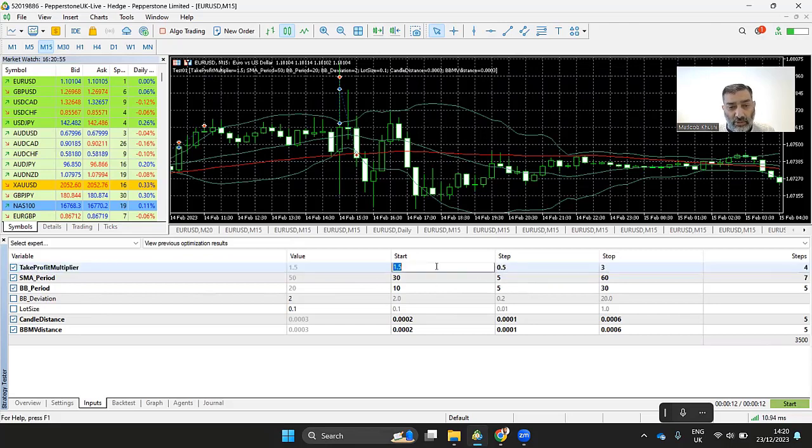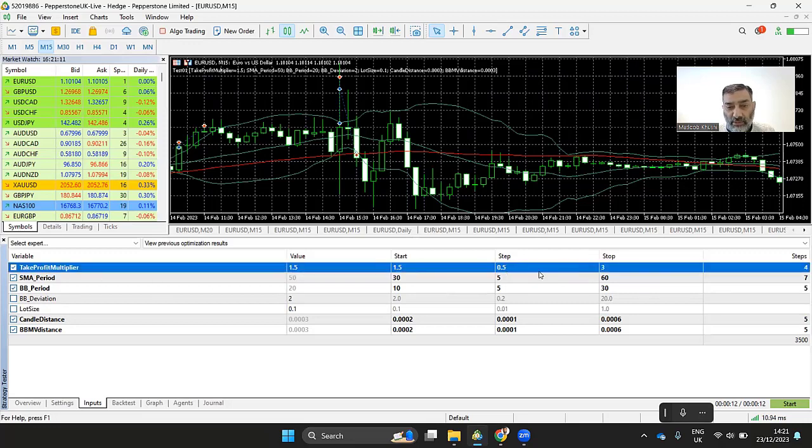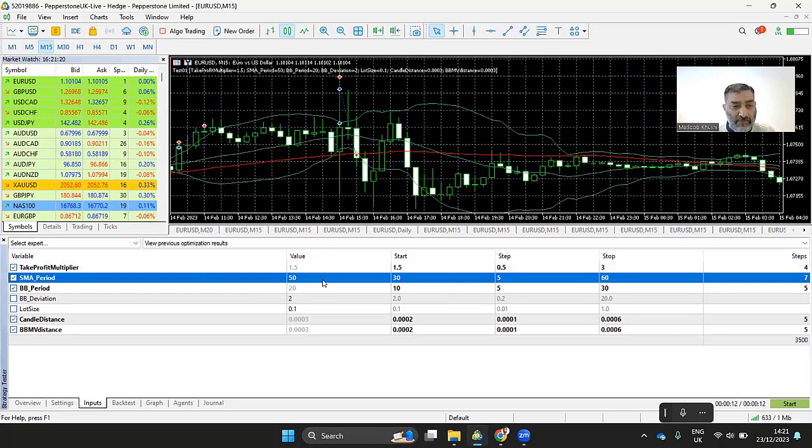So I can say, okay, test my robot starting with this parameter as 1.5, then you increase this parameter by 0.5, and you stop at this number. Similarly, I'm testing my simple moving average starting at 30 bars, increasing the numbers by 5, and stopping at this number.